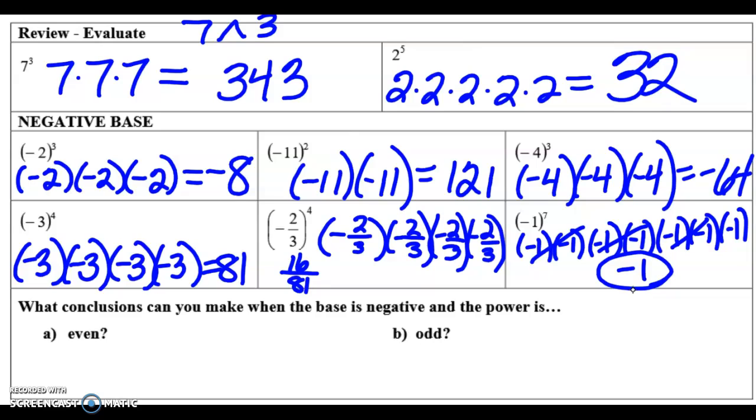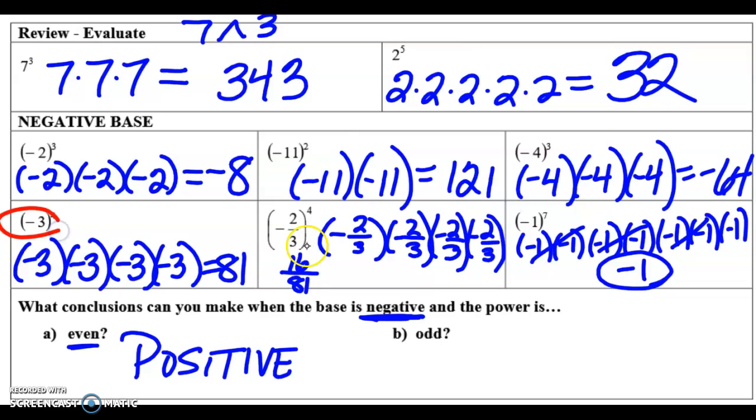All right, I hope you noticed that anytime we raised a negative to an even power, the answer was positive. Okay, so that would be this one, and this one, and this one.